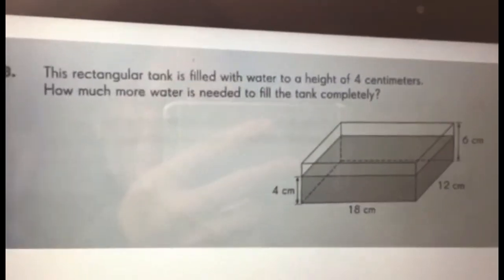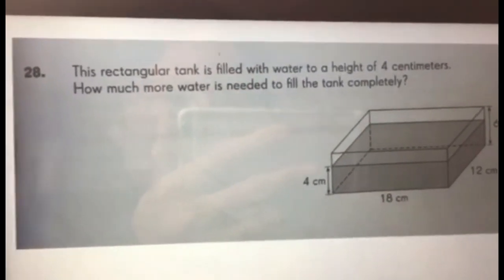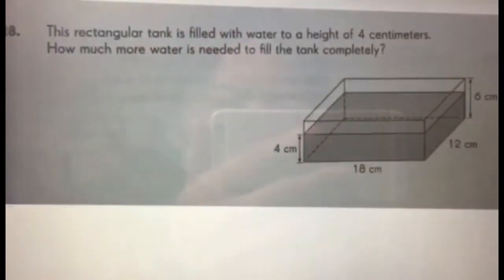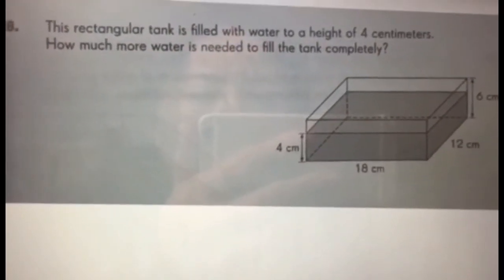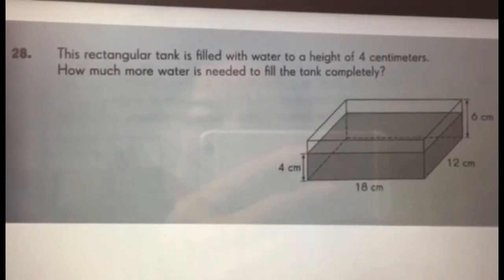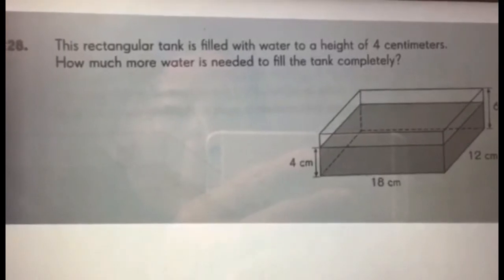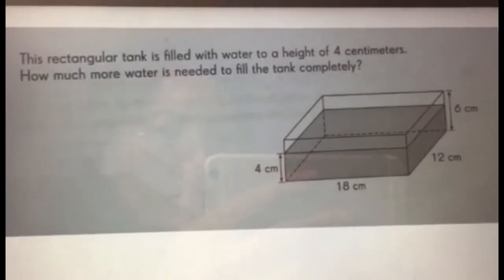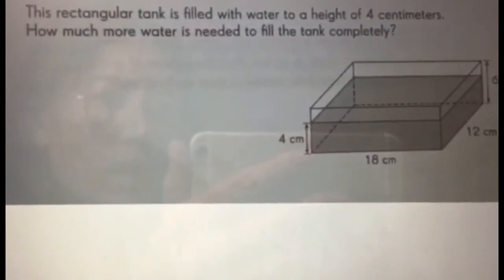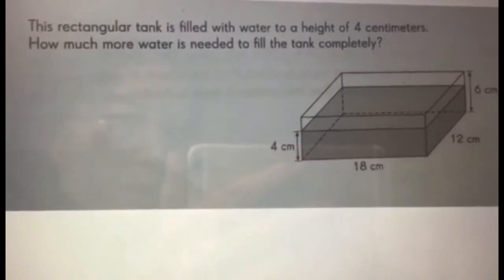For word problems, I don't see how you could have difficulties, but we're going to talk about this one briefly. This rectangular tank is filled with water to a height of 4 centimeters. How much more water is needed to fill the tank completely?